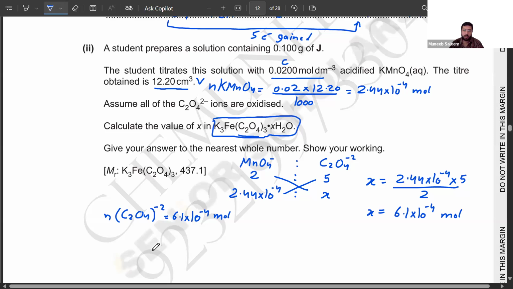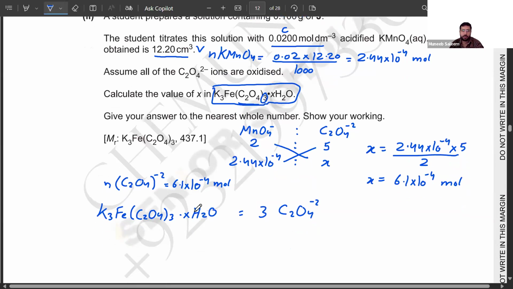Now what do you see here? We can see that the K3 Fe complex, having C2O4 in the ratio, with X H2O, contains 3 moles of C2O4. That's what we observe here. We have 3 moles of ethanedioate within this complex. So we are now going to take the ratio between them.